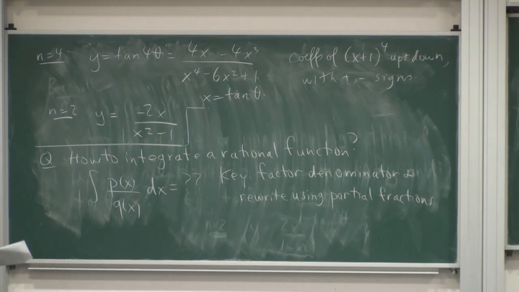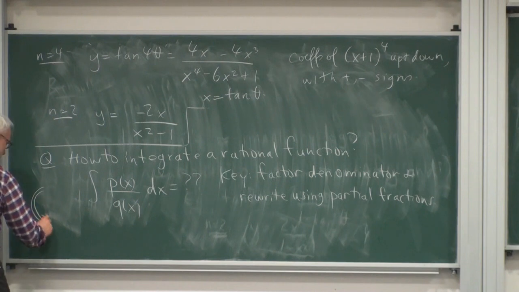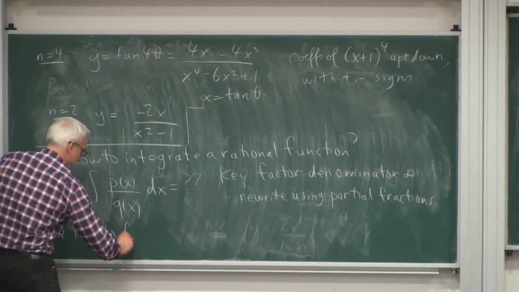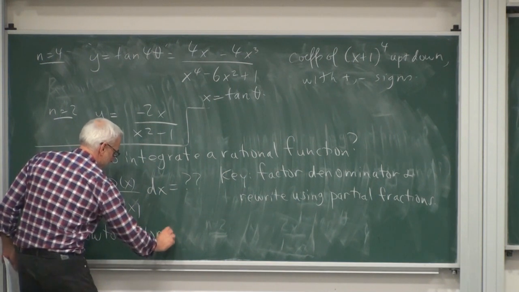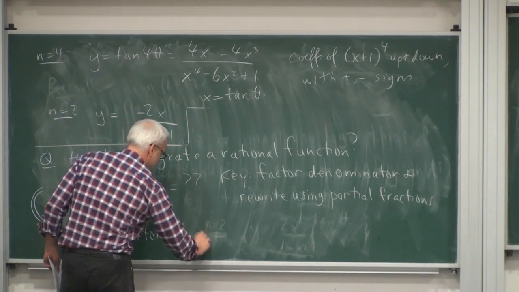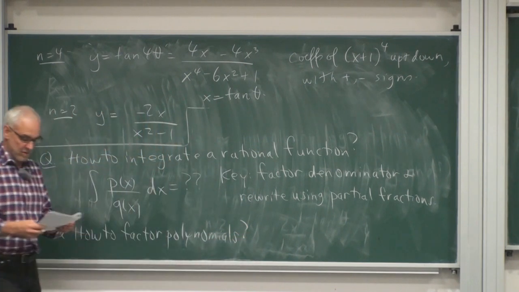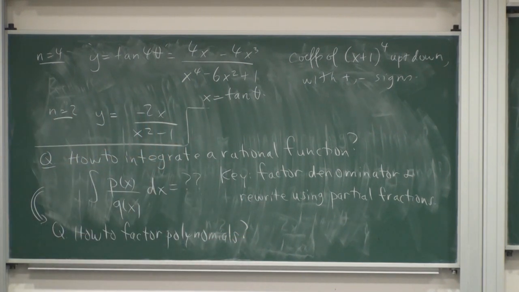And so the question arises, how can you factor polynomials? So this question led to another question, how to factor polynomials. Could polynomials always be factored? And if so, how?